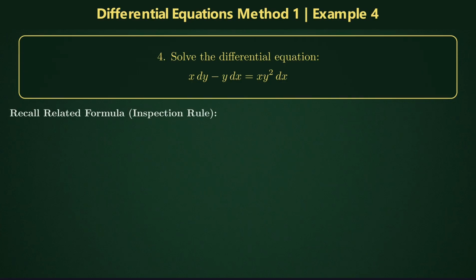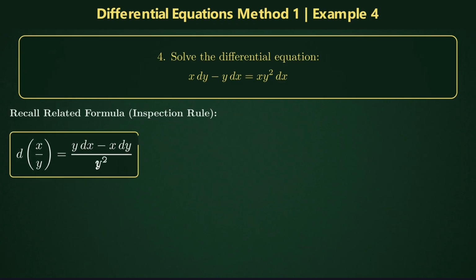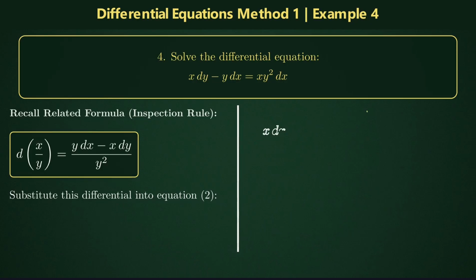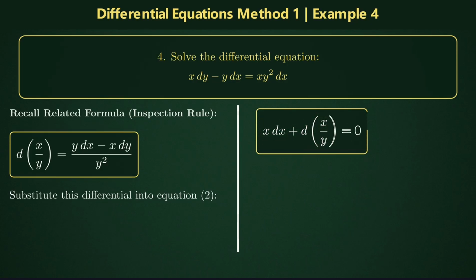The differential of x over y is equal to the fraction y dx minus x dy over y squared. Now, we substitute this differential expression into our equation. This simplifies the equation to x dx plus the differential of x over y equals 0.